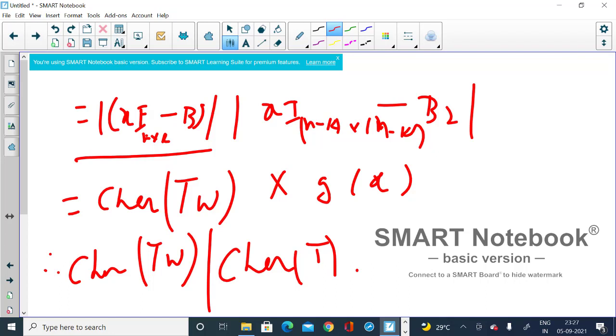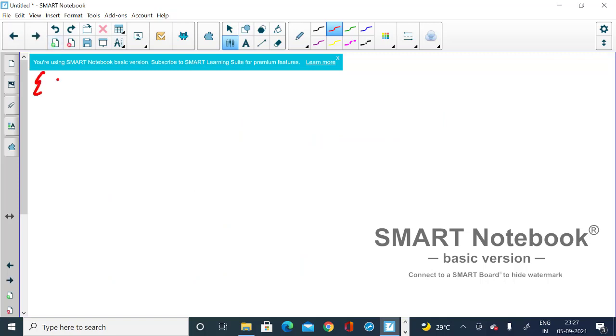So this proof is not so difficult, and maybe I can give an example, and then we will have a better understanding. Example: suppose you have a linear map from R4 to R4.